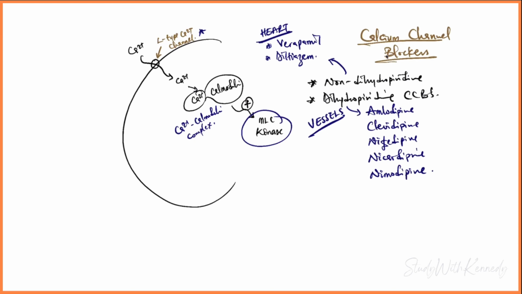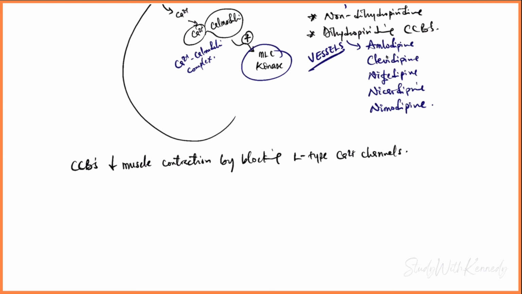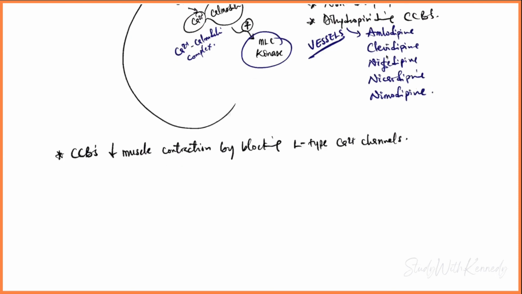So we can say that calcium channel blockers decrease muscle contraction by blocking L-type calcium channels.